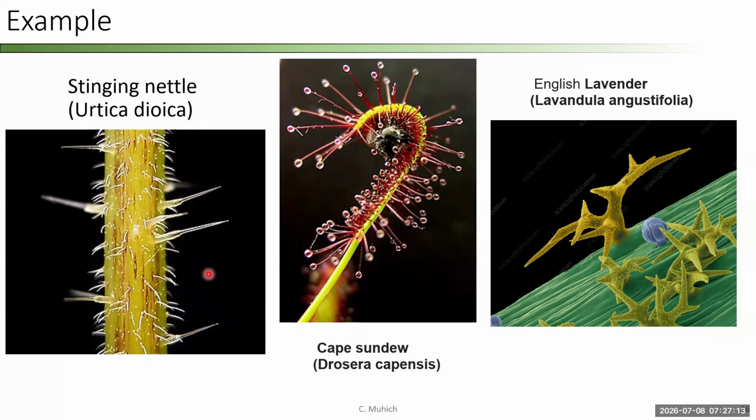These trichomes have evolved for many different purposes. Besides just purely defense, they can actually be offensive. So if we think about a Cape sundew, which is shown here, it's this pretty green stem with these red trichomes and sort of bulbous ends of the trichomes.